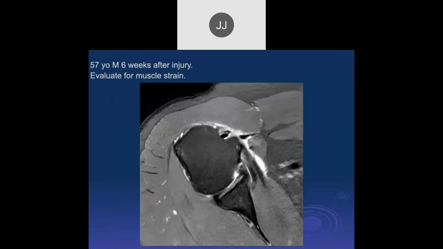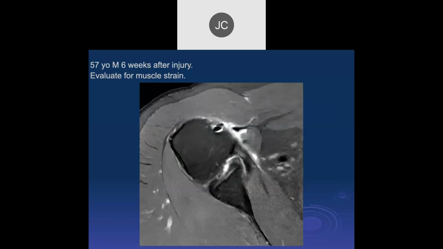Okay. So 57-year-old male, 6 weeks after injury, evaluate for muscle strain. So we have an axial view. It looks like the biceps tendon is in the groove. I see the subscapularis tendon. There's almost another tendon posterior to that, two different ones.